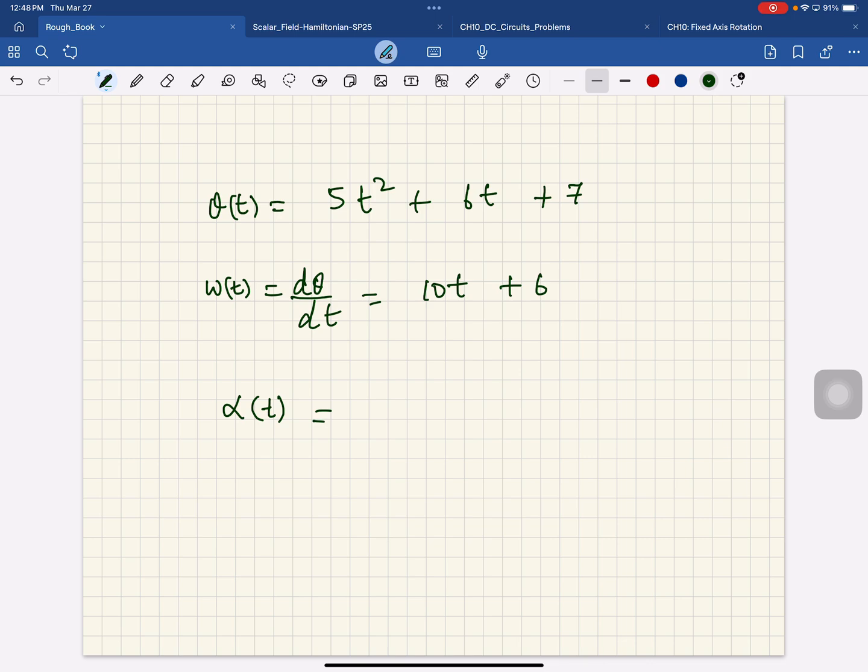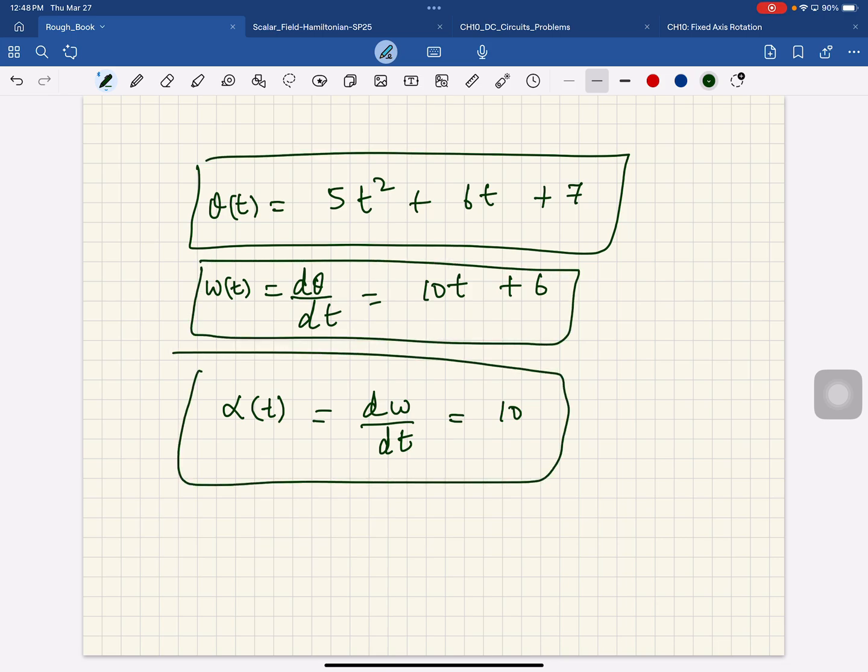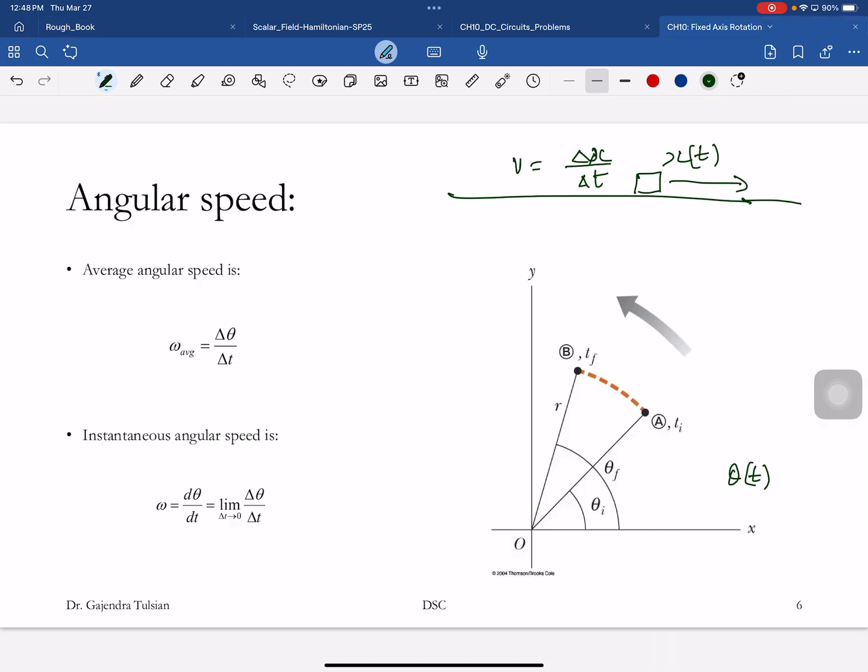Angular acceleration is denoted by alpha, which is the time derivative of its angular velocity. So once you're given this, you can calculate the angular velocity and angular acceleration. Generally, those are the things that you're interested in. Angular velocity is the time derivative of angular position.